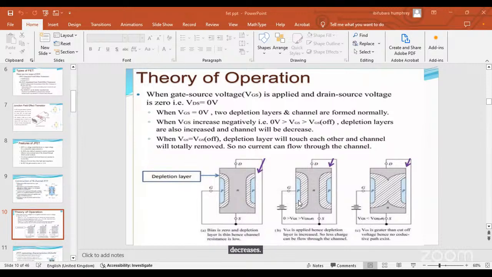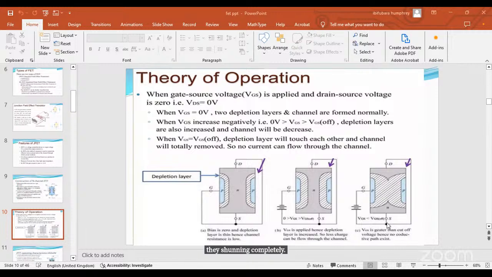A further increase of the reverse bias now makes the depletion region close the channel. So the P-type on both sides have expanded. The depletion region has expanded, and they have closed the channel completely.